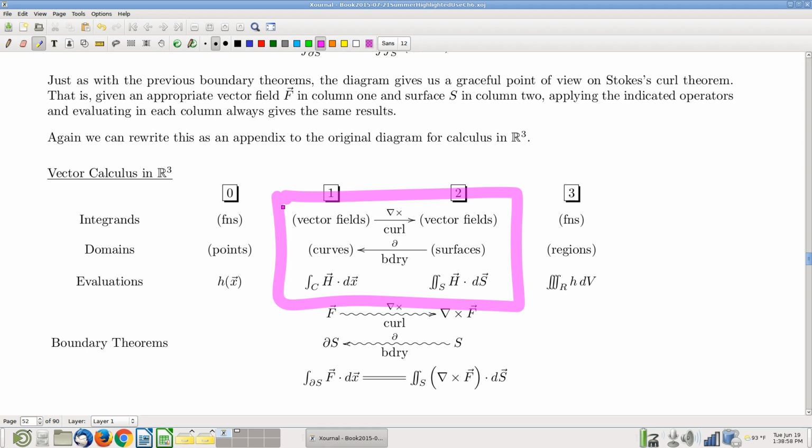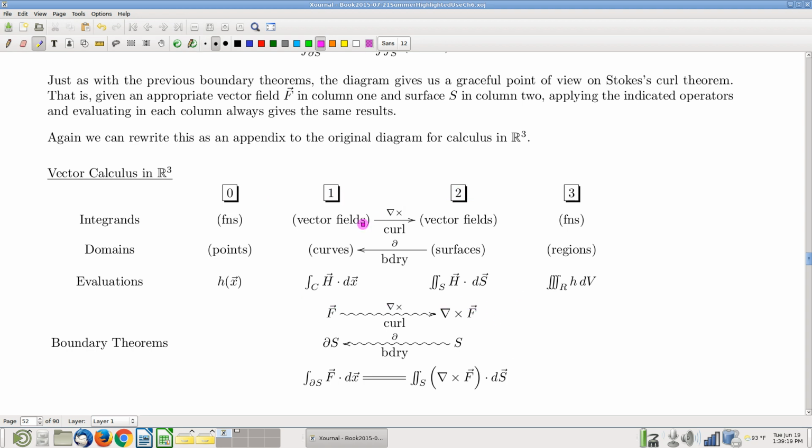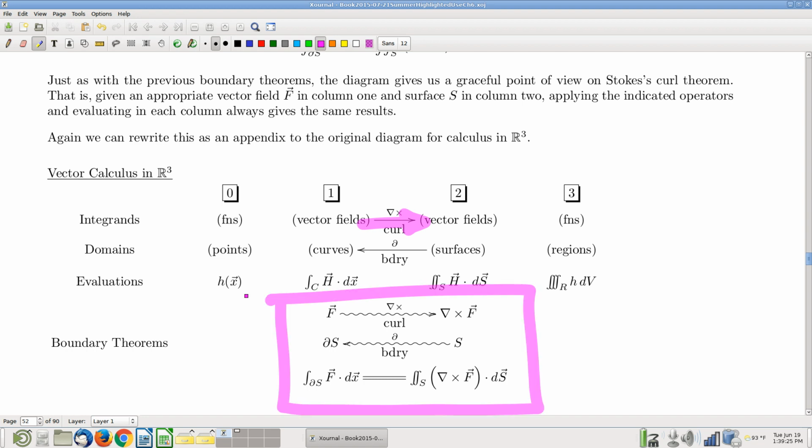If I take a surface, look at the boundary curve, and think about the line integral, so in fact the circulation around that boundary curve, that boundary circulation, can I think of that as a flux? And if so, flux of what? The answer is yes, it's a flux of this thing called curl. And so we now have our new operator, the curl operator, and here's our theorem, Stokes' curl theorem.